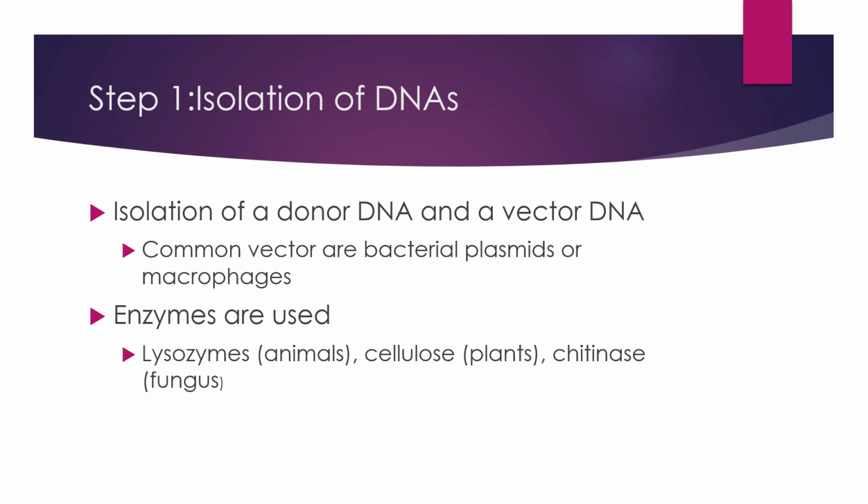Alright, so the first step is a pretty simple step, just the isolation of our DNAs. We are going to be working with two different DNAs, right? We have something called our donor DNA and we have our vector DNA.